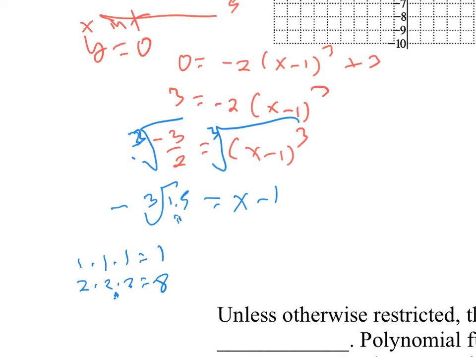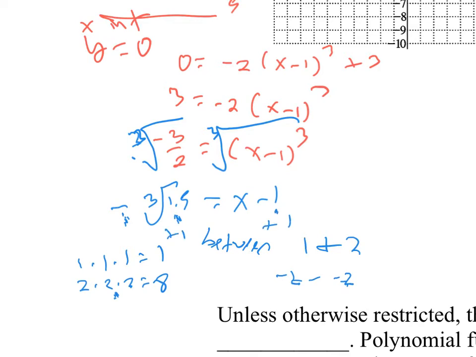With a negative in front, that would be between negative 1 and negative 2. That's where I'm at. But now I have to add 1 to both sides.